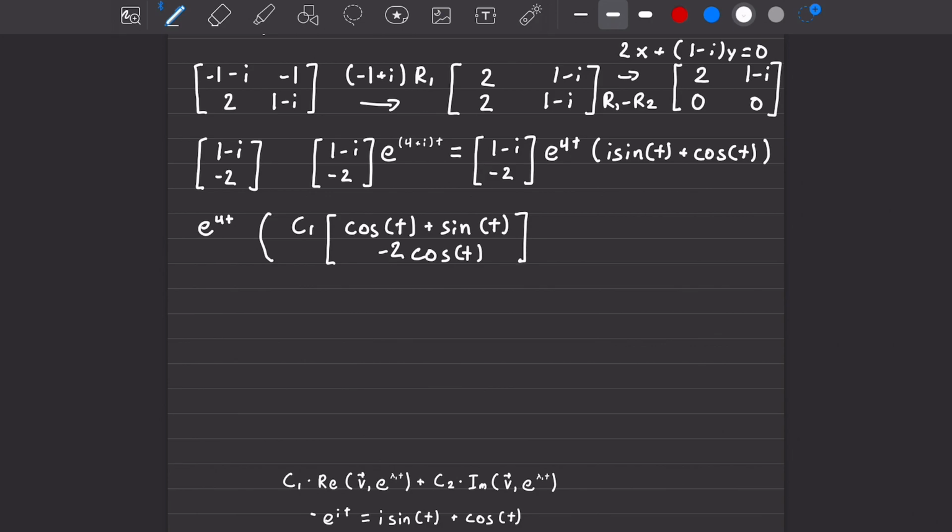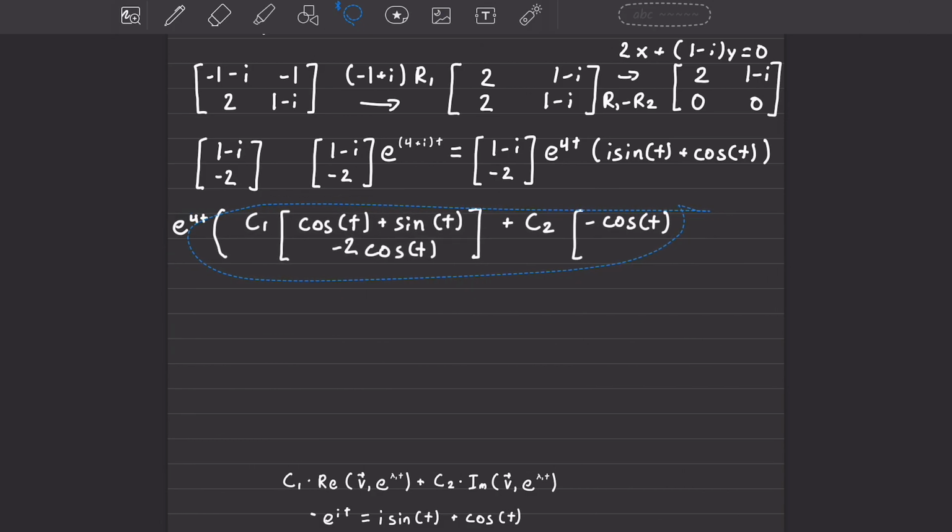And now we're going to try for our imaginary part on the right side, okay? So we're going to take this negative i and then cosine t. So then we have negative cosine t over there. Negative cosine of t. And then what else do we need?